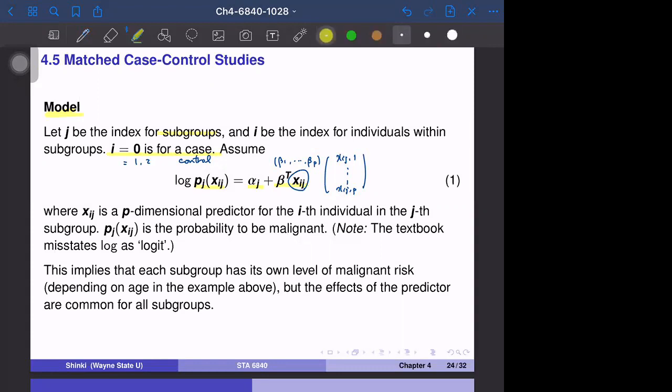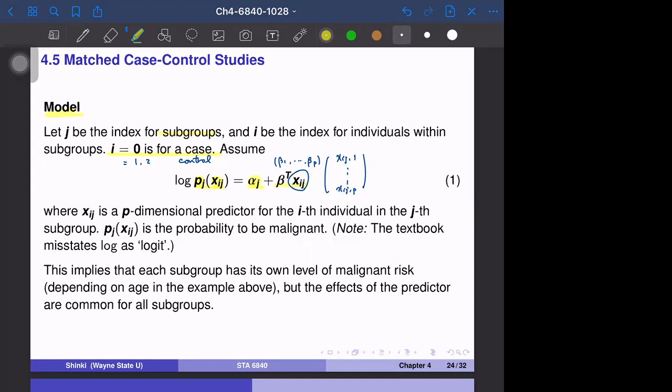You can see that the probability depends on the observation, the predictor x_ij. And this function alpha_j plus beta transpose x_ij has a parameter that depends on j, but of course does not depend on i, since i is just the individual.